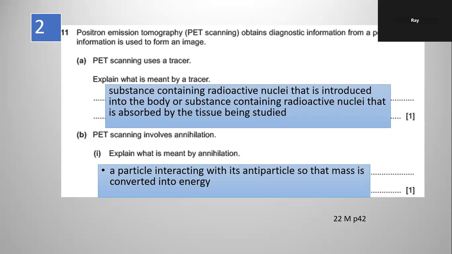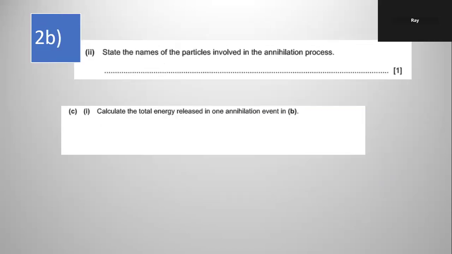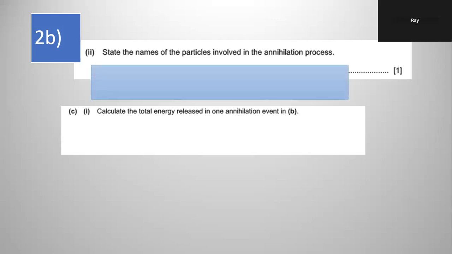The energy appears as photons of gamma rays. Name one particle involved in the annihilation process. Not photon, the electron and positron.